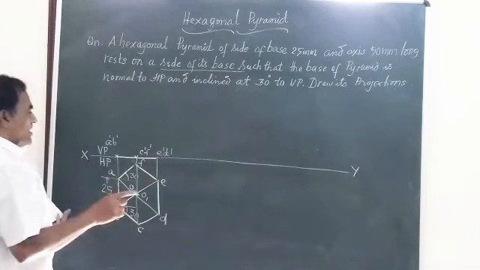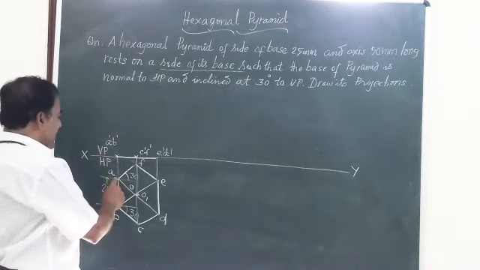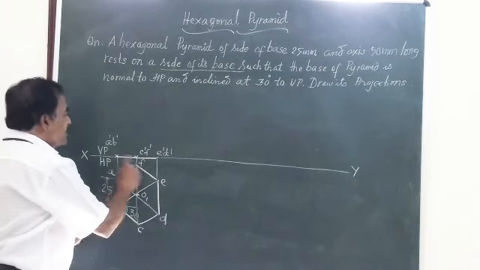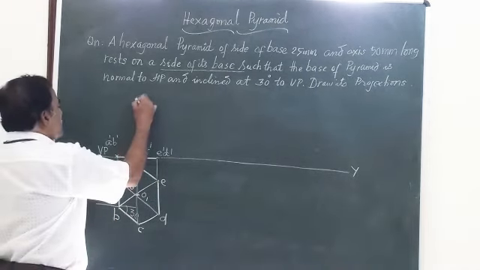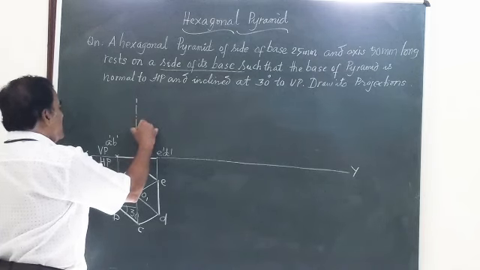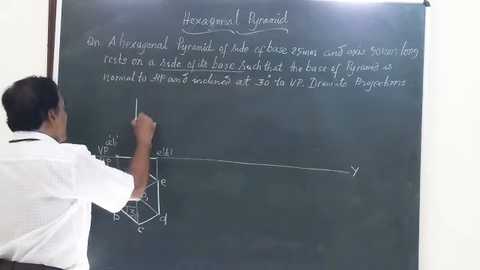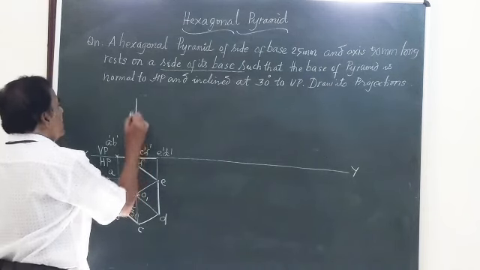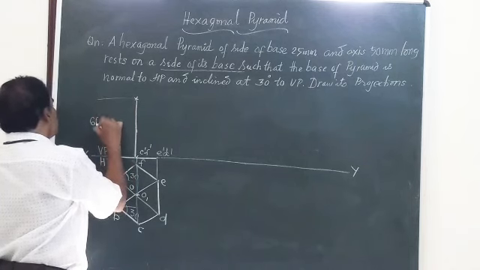The base of the solid has 6 points starting from A to F. So this line represents the base of the solid. I mark the height of the solid. The height of the solid is given to be how much? It is 50 mm. So I will draw a line 50 mm long and mark this distance as 50 millimeter.